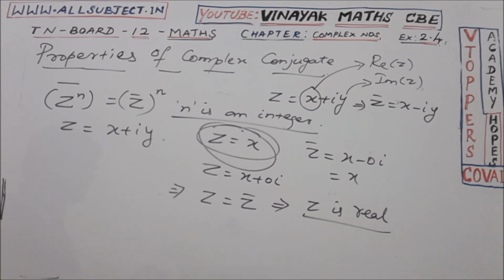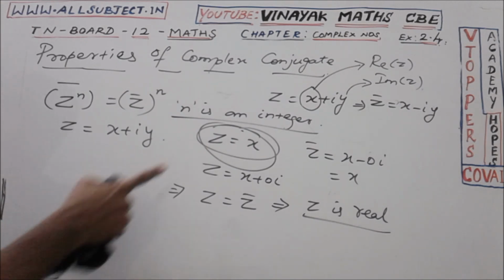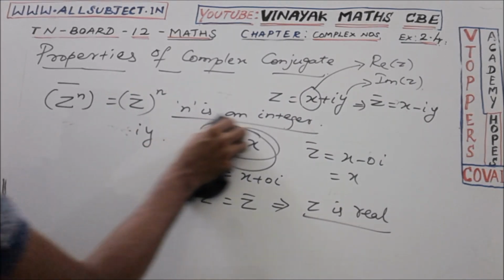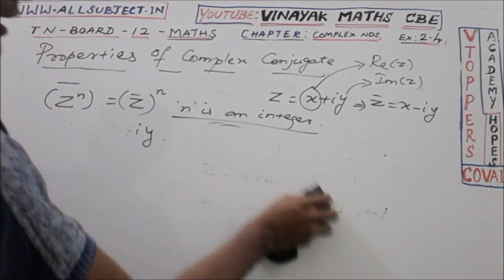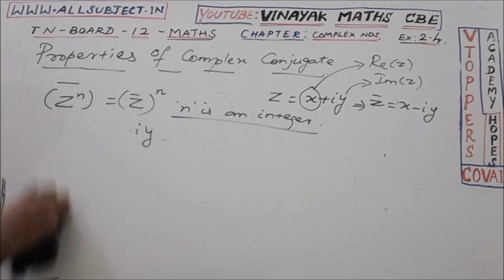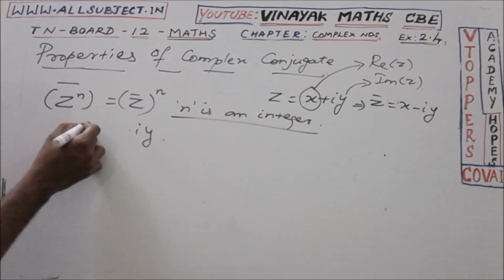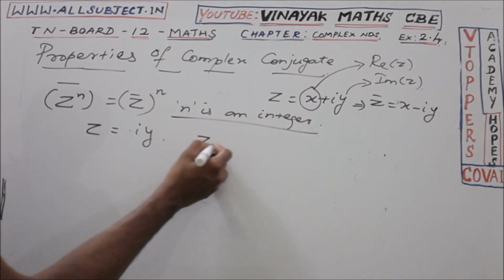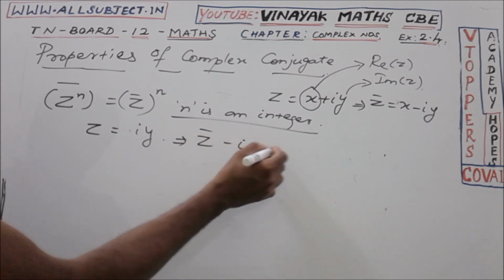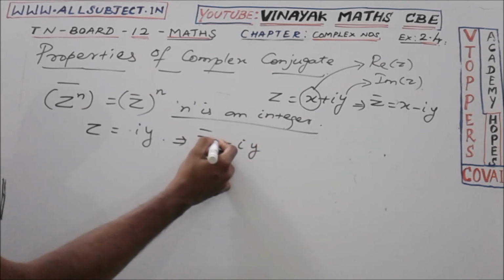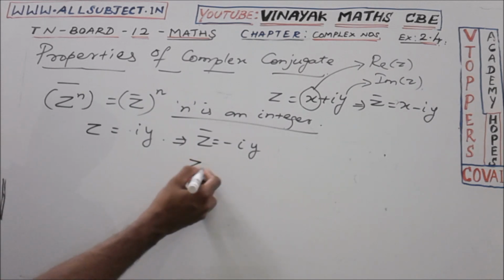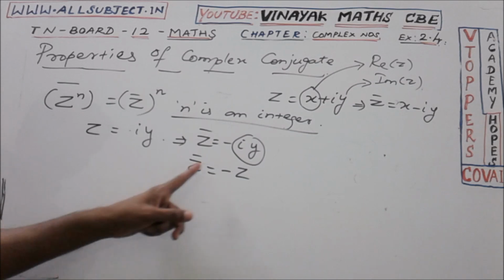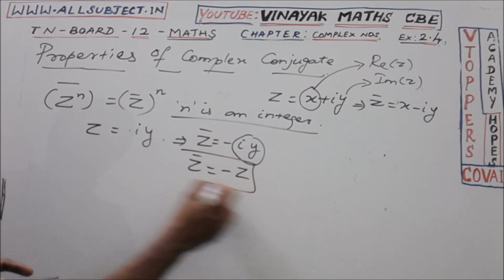And the second case, if Z is purely imaginary. If it is purely real, we have Z equal to Z bar. Suppose it is purely imaginary, that means it should have only an imaginary part. Suppose Z equal to iy. Then the conjugate Z bar equal to minus iy, so Z bar equal to minus Z. We have derived two more results here.